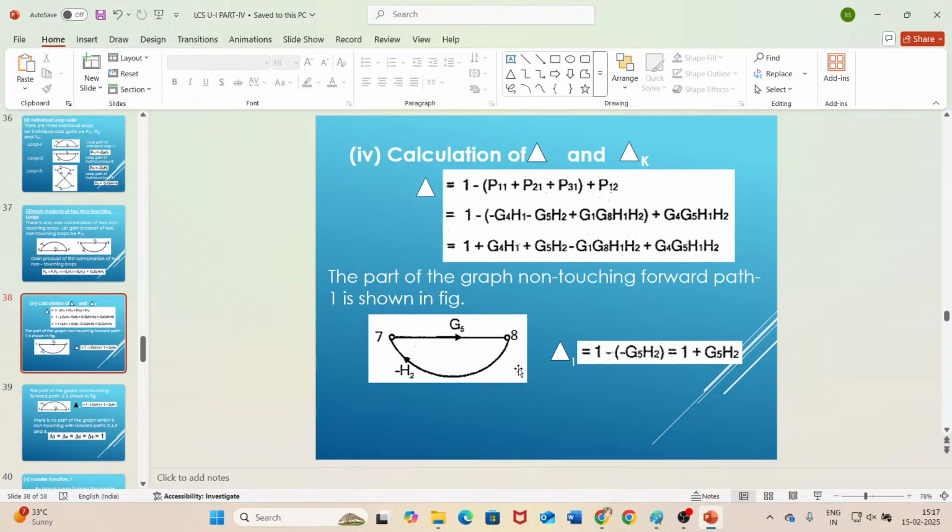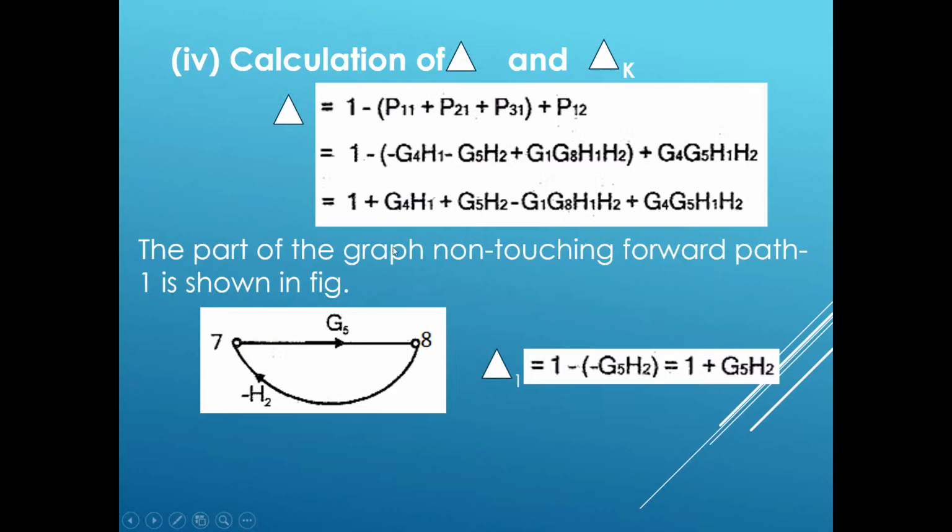Okay, so let us see. What is delta? 1 minus the sum of the individual loop gains. Total 3 loops were there, and the individual loop gains were P11, P21 and P31. So simply 1 minus summation of individual loop gains plus sum of the non-touching loop gains.